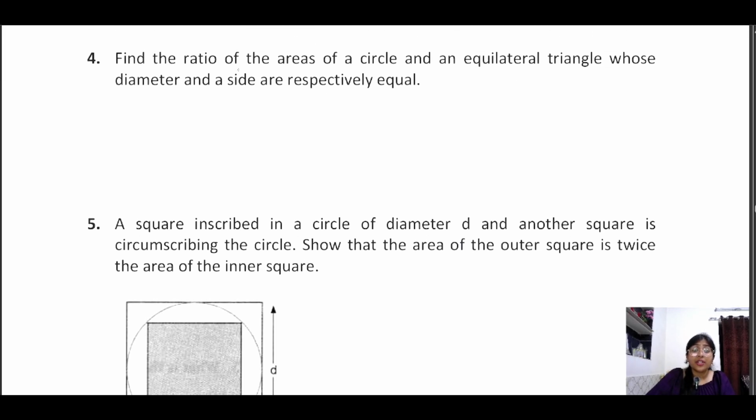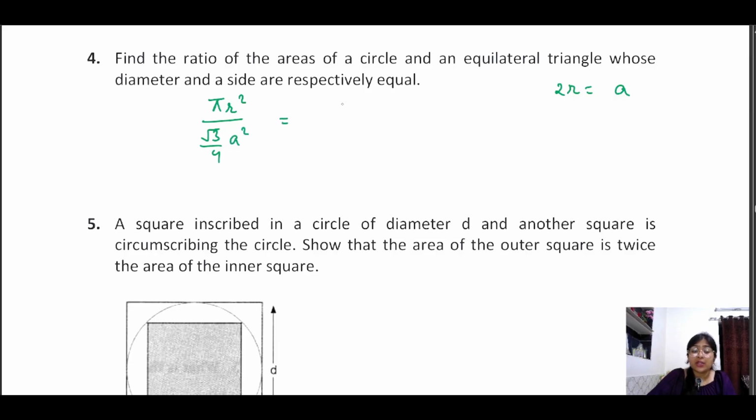Yes, we need to find out the ratio of the area of the circle, area of the circle is pi r square, and an equilateral triangle whose diameter and side are equal. It means the circle diameter 2r is equal to the side. Okay, area of the equilateral triangle is root 3 by 4 a square, yes or no?